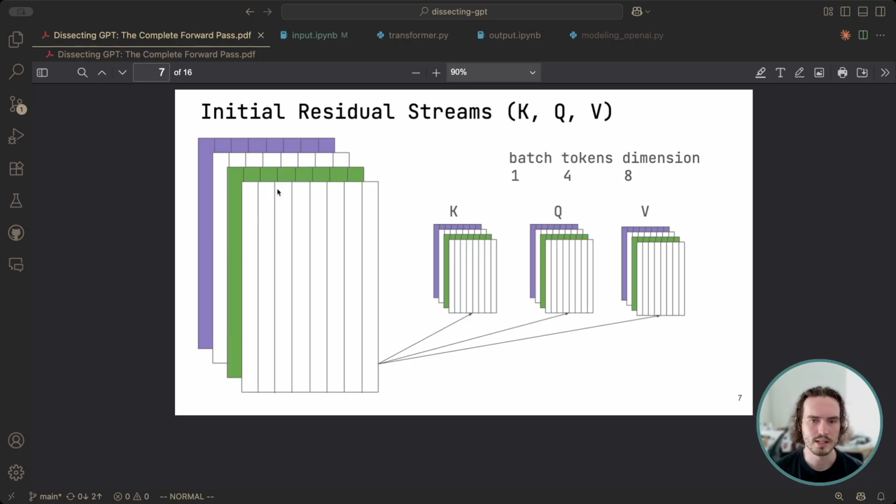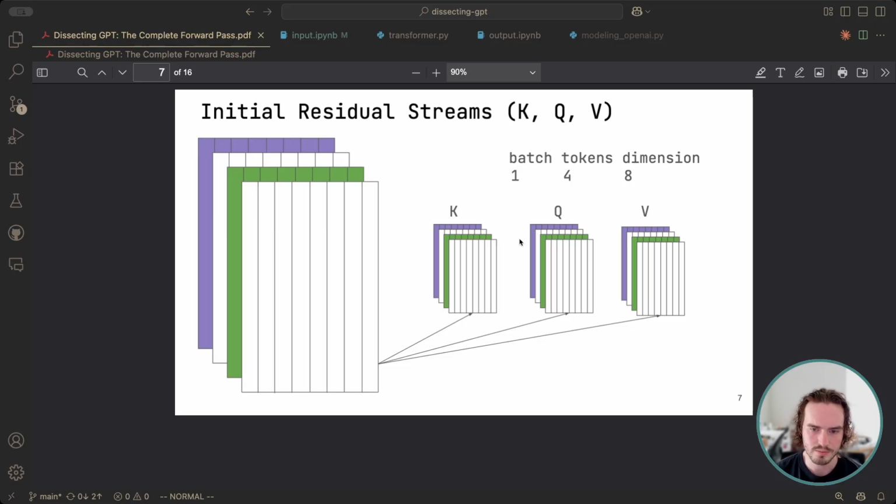And so the first thing that's going to happen in our multi-head attention algorithm is we are going to pull off from the residual stream into K, Q, and V. So that is shorthand for queries, keys, and values, language that comes from information retrieval.